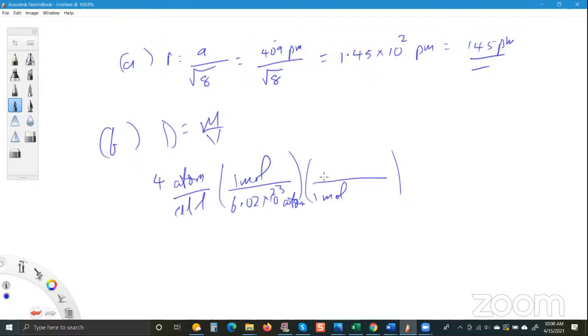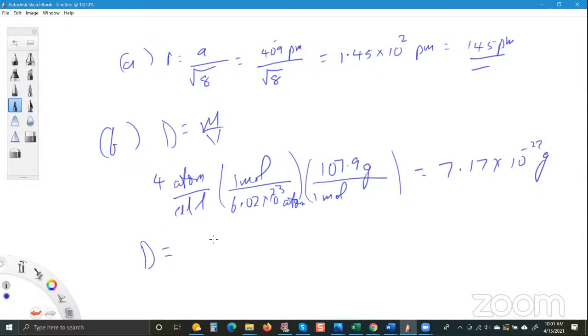And the molar mass of silver is 107.9 grams for 1 mole. And that gives us the total mass of the 4 atoms in the unit cell, which is 7.17 times 10 to the minus 22 grams.